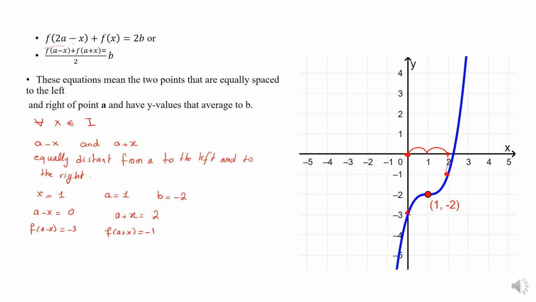Let's find their average and see if it will be equal to b. f of a minus x plus f of a plus x over 2 is equal to negative 3 plus negative 1 over 2, which is negative 2, which is equal to b.